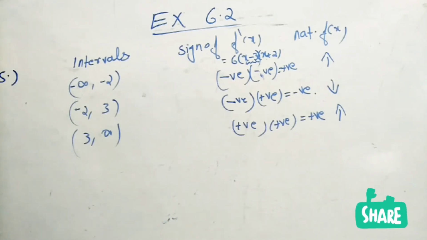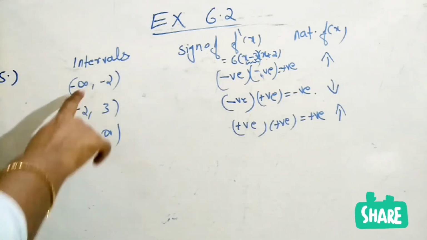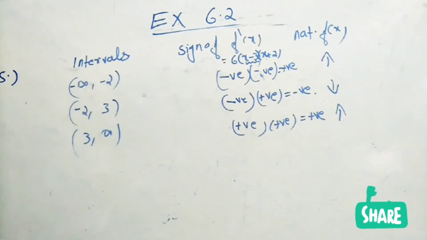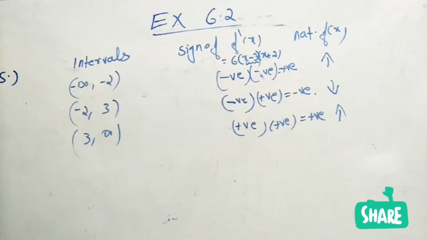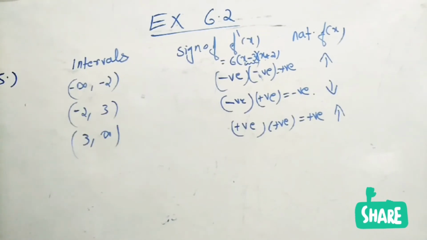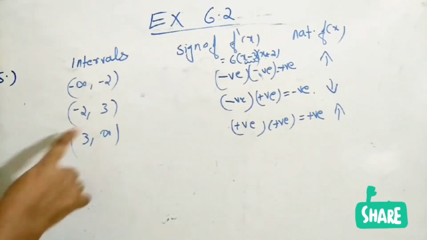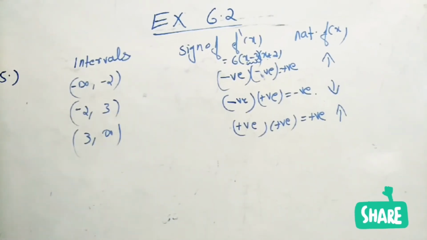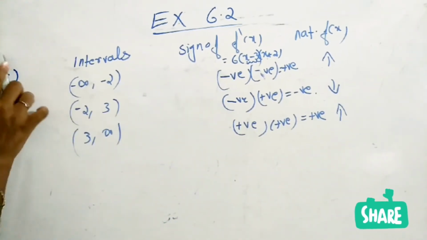So we can conclude that the given function is strictly increasing in the intervals minus infinity to minus 2 and 3 to infinity, and strictly decreasing in the interval minus 2 to 3.